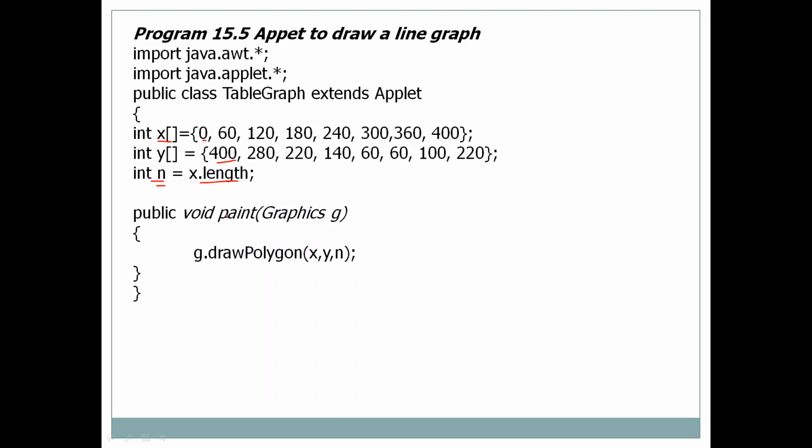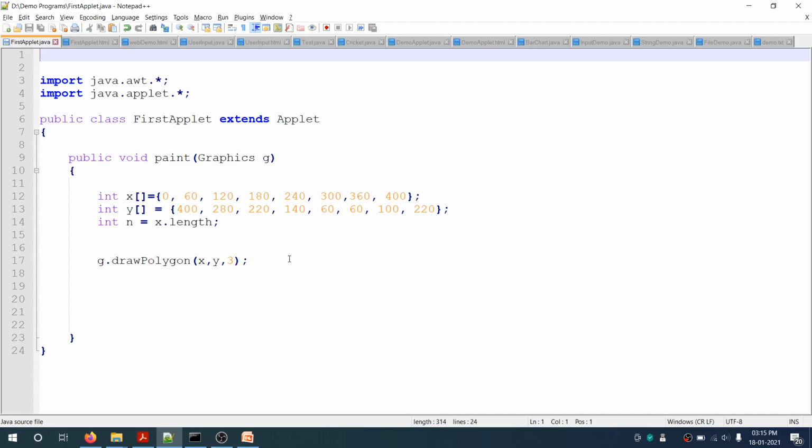Then by using the paint method we create a line graph using the same method, drawPolygon. We need to send the x coordinate values, y coordinate values and the number of points, and automatically it creates a line graph. So let us execute this program and verify the output.